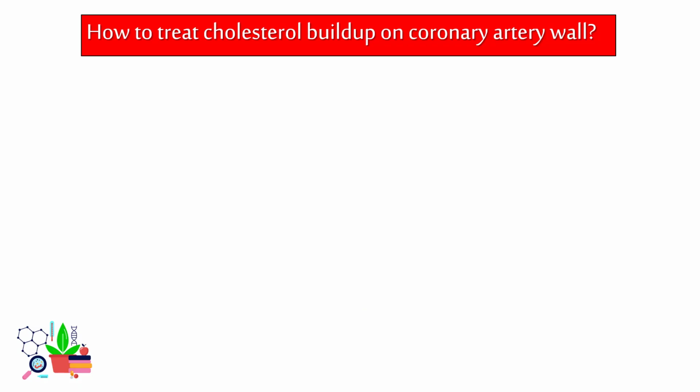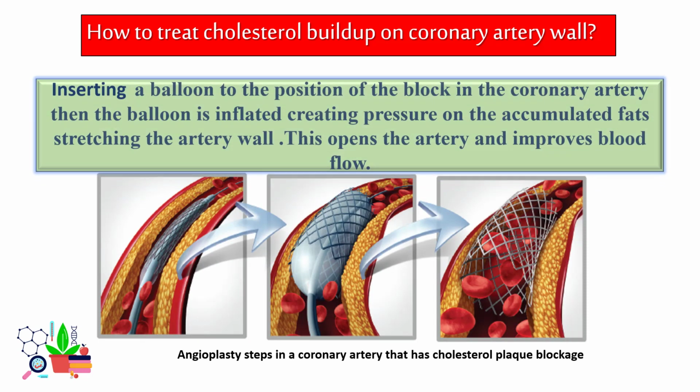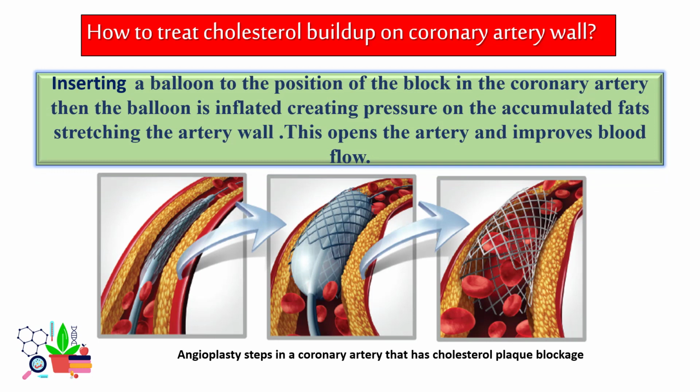How can we treat cholesterol build-up on the coronary artery wall? The first treatment is called coronary angioplasty, and it's a procedure used to widen blocked or narrowed coronary arteries, using a balloon to stretch open narrowed or blocked arteries. In this procedure, a tiny balloon is inserted to the position of the block in the coronary artery.